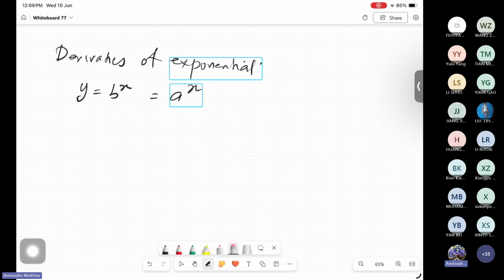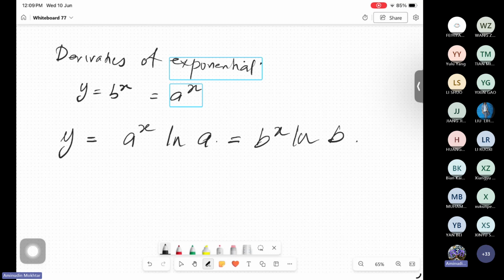So how to find the derivative? The first derivative of y equal to a to the power of x is a to the power of x ln a, or b to the power of x ln b. Okay, that's the derivative of exponential. For example, let's say I have this function y equal to pi to the power of x.